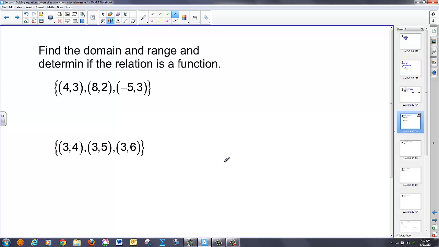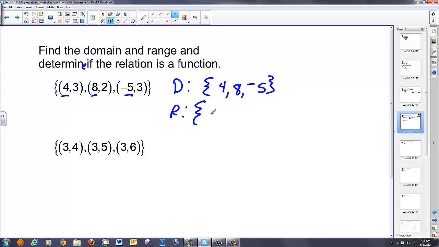Now, if we want to find the domain and the range for each of these sets of points, the domain in each case is the x value, and the range in each case is the y value. So the domain is the set of the following points: 4, 8, and -5. While the range is a set of the y coordinates, or 3 and 2.